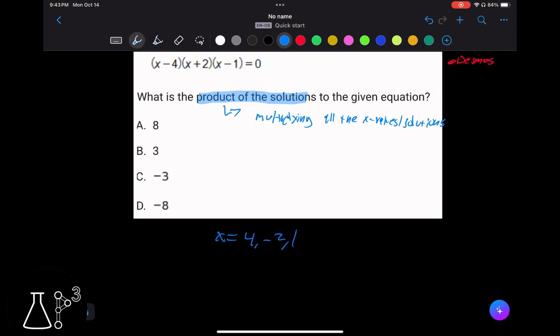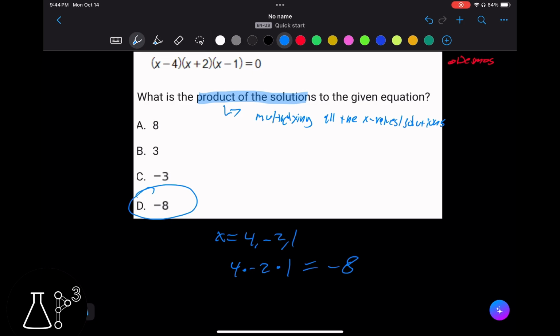All I did was write the opposite of what's given in the parentheses. If I solve for x for all 3, I get positive 4, negative 2, and positive 1. And we're looking for the product of solutions. So when I multiply 4, by negative 2, by positive 1, that equals negative 8, and our answer is D.